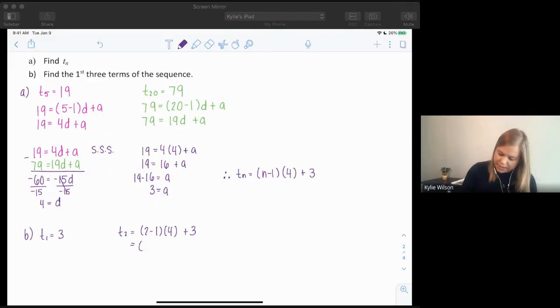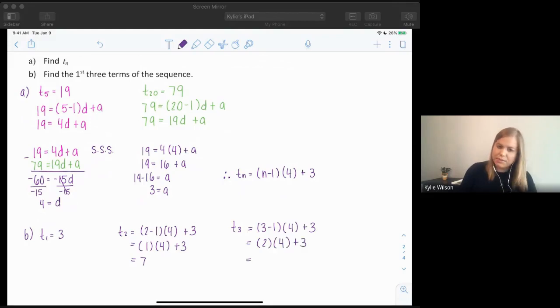So we'll have 1 times 4 plus 3. You don't need to do all of these steps. So we'll get 7. And our third term is going to be (3 minus 1) times 4 plus 3. So we'll get 2 times 4 plus 3, which is going to give us 11.